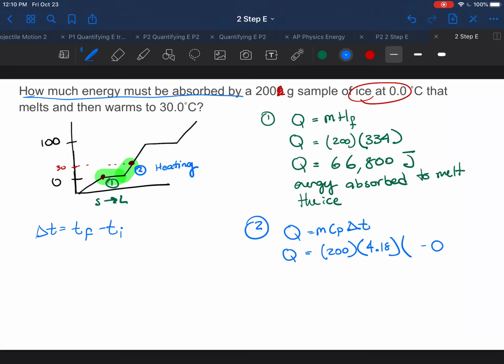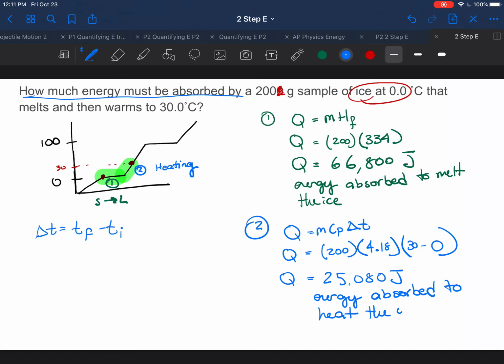Remember that delta T is always final minus initial. And it ends up at 30 degrees. Here we get a little over 25,000 joules. This is the energy to heat the water.